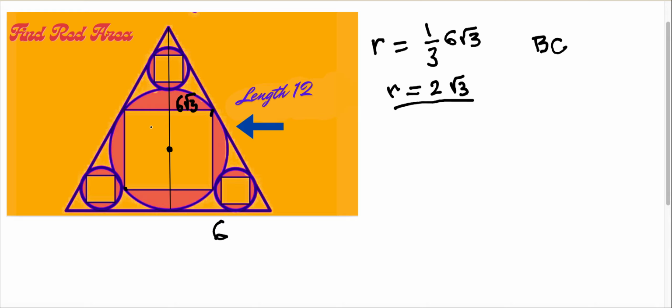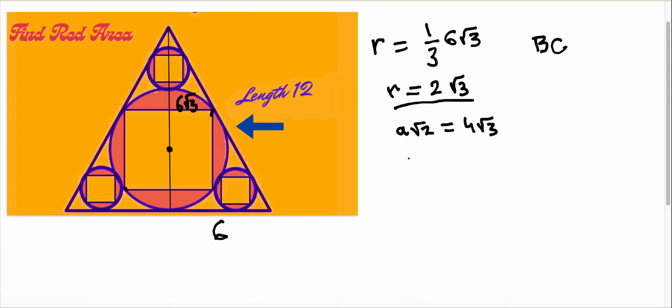And we already know this is a 45, 45, 90 degree triangle. We already know the hypotenuse, a square root of 2, is going to be equal to the diameter of the circle. The diameter of the circle is 4 times square root of 3, when the radius is 2 times square root of 3.